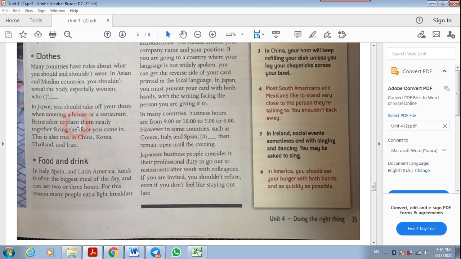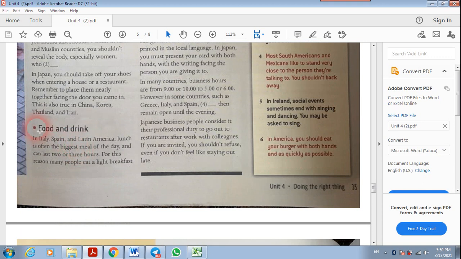To place them neatly together facing the door you came in. Facing here means facing the door you came in. This is also true. To place your shoes neatly together facing the door you came in. China, Korea, Thailand and Iran.